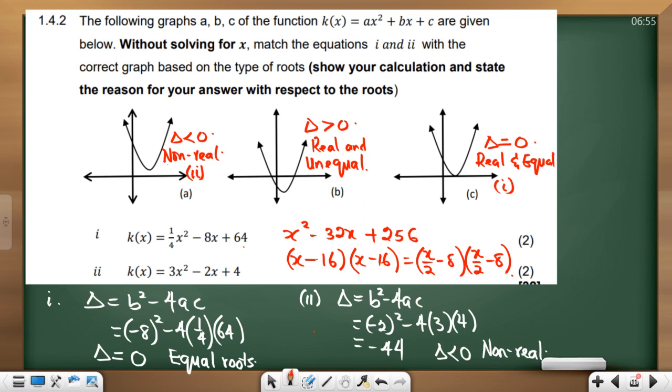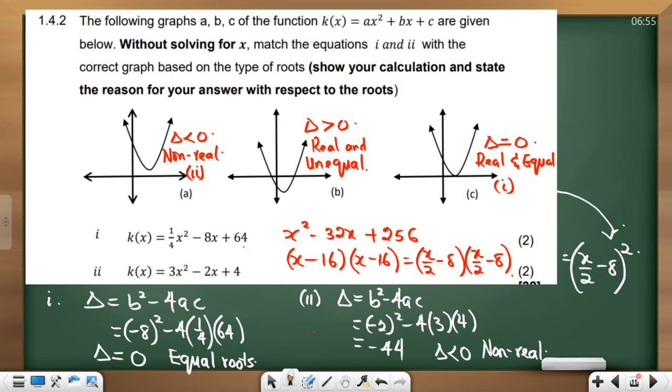Now, do you notice that this can be written as x over 2 minus 8 squared? Now, that is a rational root. My graph would still be C. That's just your nature of root. Once you get a perfect square there, it gives you a rational root.